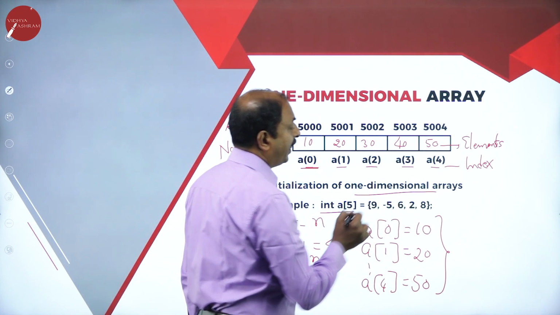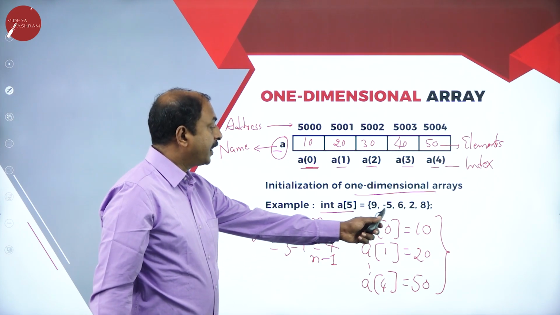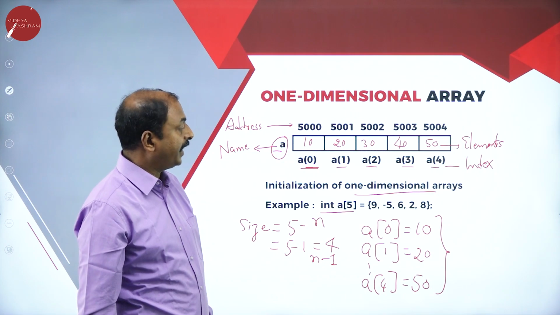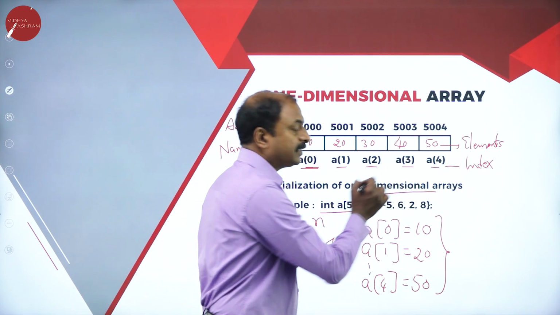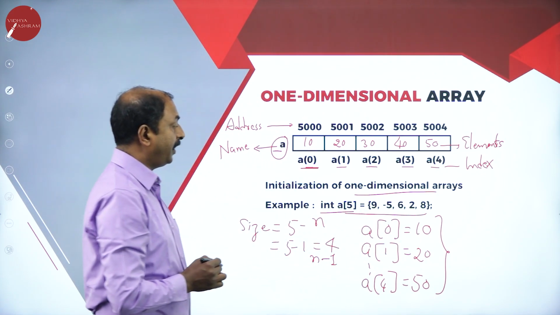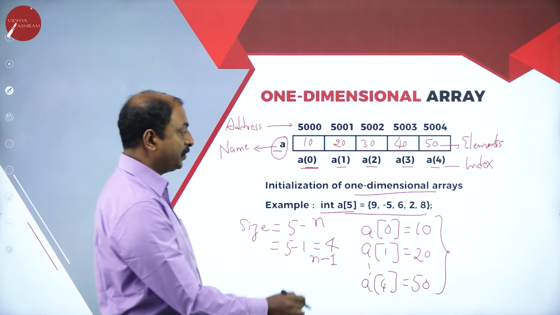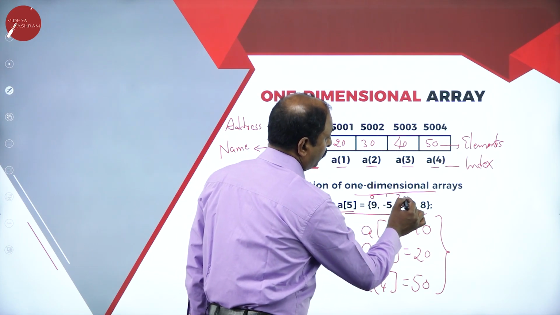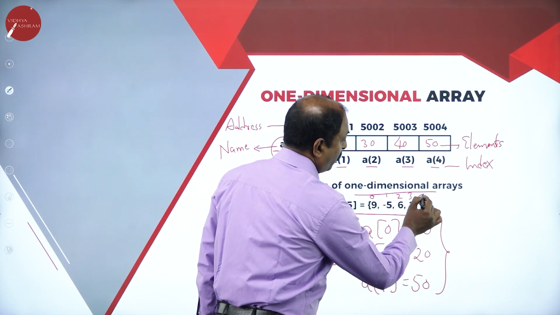Here we give 5 elements separated by commas. Comma is the delimiter to separate two elements of an array, and we close the bracket with a semicolon. So this is how we initialize the elements of an array. Accordingly, as per this, the indexes are 0, 1, 2, 3, 4.